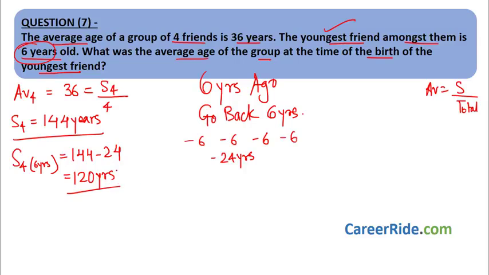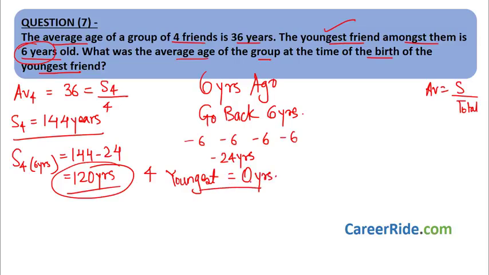Now at this point the total number of friends is 4, but we know that the youngest friend was just born 6 years ago. That youngest friend was just born, that means his age was 0 years. So is there any need to include his age? No. There is no need to include his or her age into this.